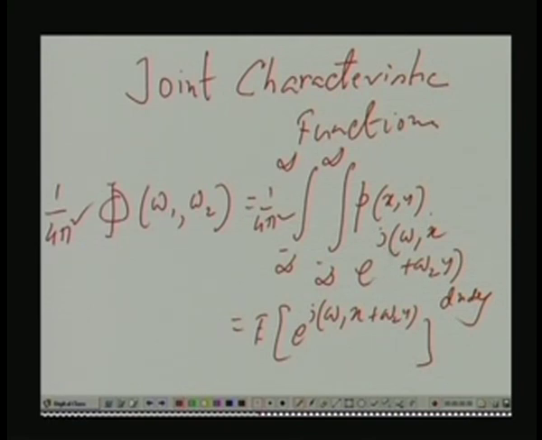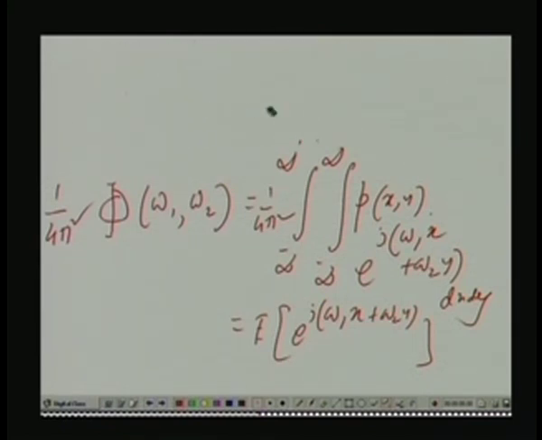So p(x,y) is nothing but the direct Fourier transform of this quantity, that is p(x,y) is 1 by 4 pi square times the integral.